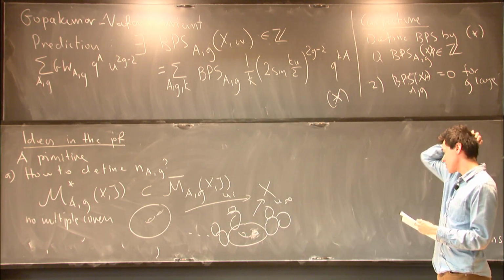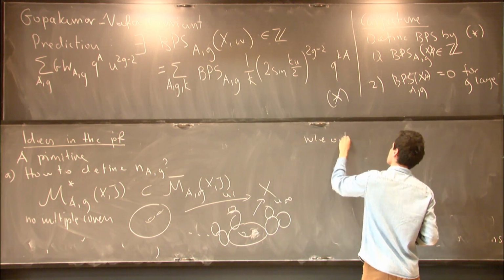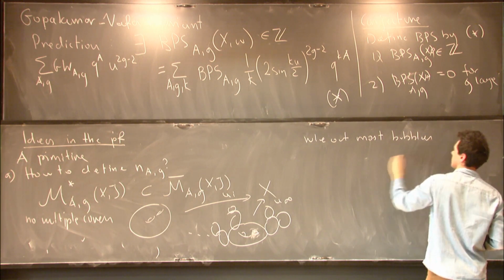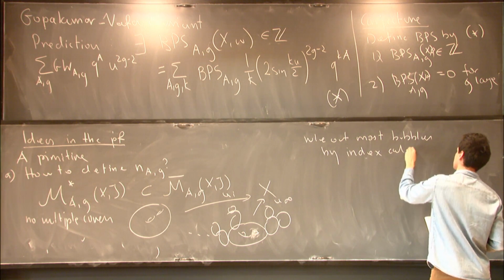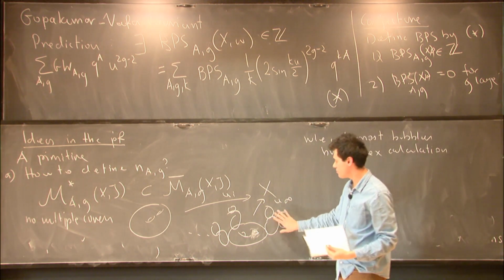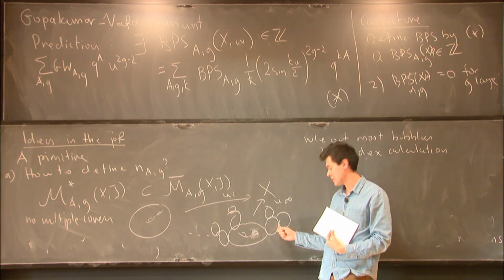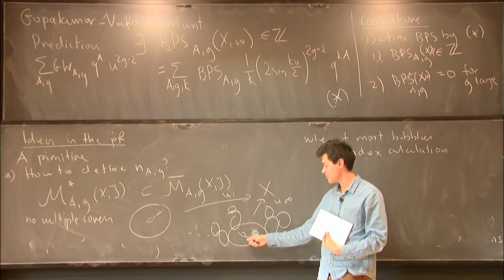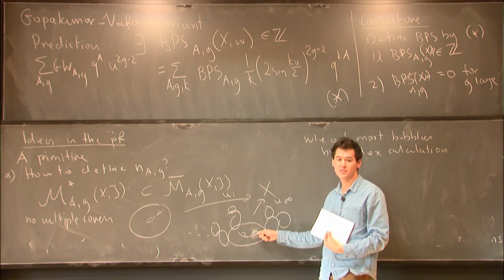Because we're in dimension 6, you can actually show that you can rule out most bubbles by index calculation. So for example, assume that there is only one bubble. Well, if there's only one bubble and both components are non-constant, then each of these is a non-constant J-holomorphic map. You can show that both of them have index 0.